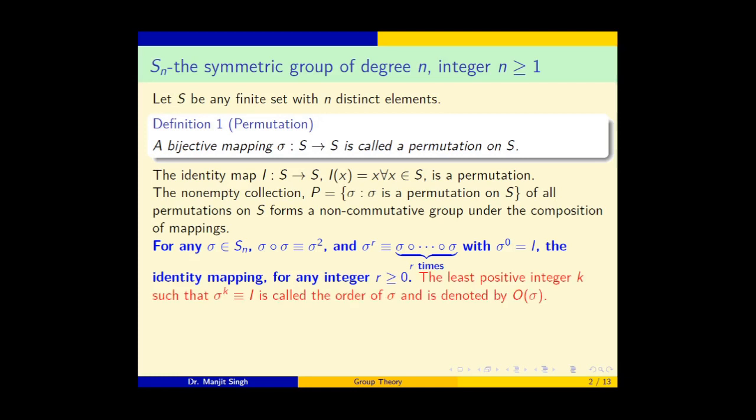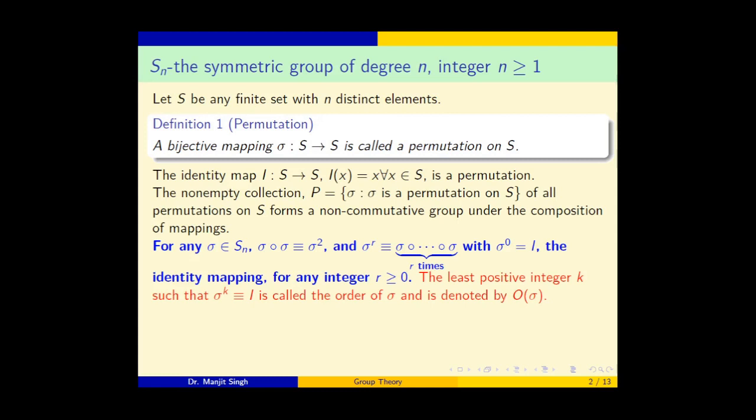As we see, Sn is a finite collection of permutations, so there will be a stage when sigma^r becomes the identity. So we can think about the least positive integer satisfying this condition.